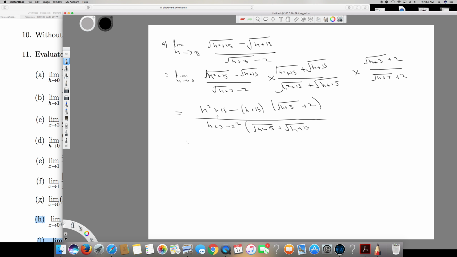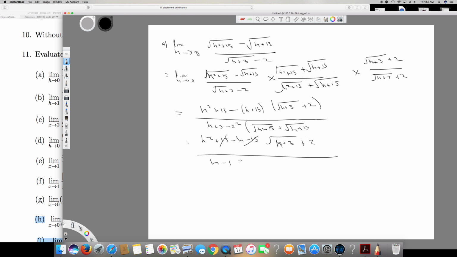If I expand the top one, it's going to be h square plus 15 minus h minus 15. So 15 cancels, and the remaining thing is h. This one is remaining, square root of h plus 3 plus 2 is outside of this square root. So square root of h plus 3 plus 2 over, if I expand this one, h plus 3 minus 4 is going to be h minus 1, right?